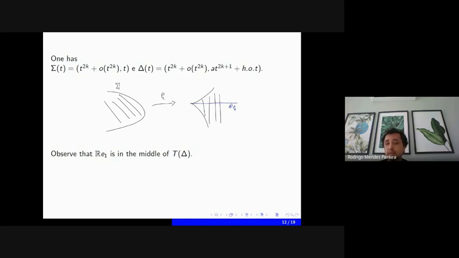It's in the middle from the contact point of view. In fact, it is exactly the middle. And then the width of the surface has this number, 1 plus 1 divided by 2k. And in fact, these arcs are tangent, you have contact.